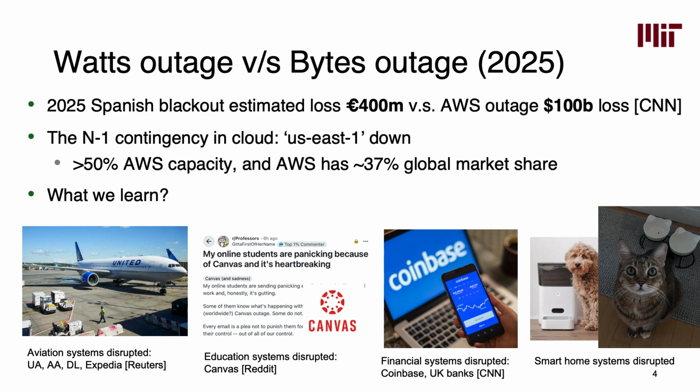So these are the examples I gave of what happens with this kind of outage, and why reliability is so critical for both our electrical power grids as well as the data centers.